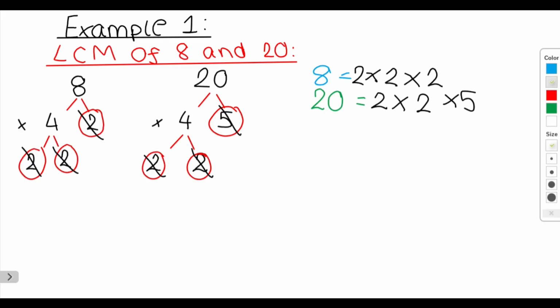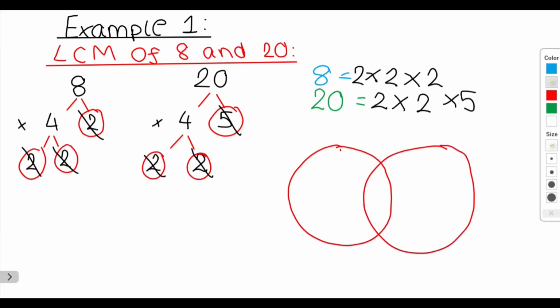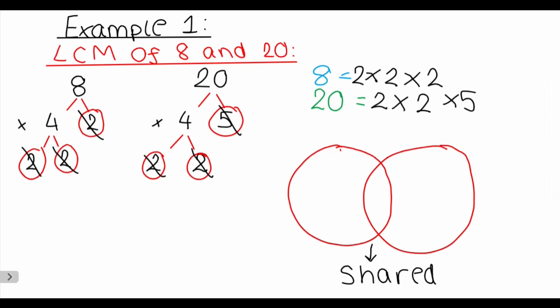And now to help us, we are going to be drawing a Venn diagram. So the middle section is the shared column, and that's where we put any numbers that are seen in both of the different numbers.